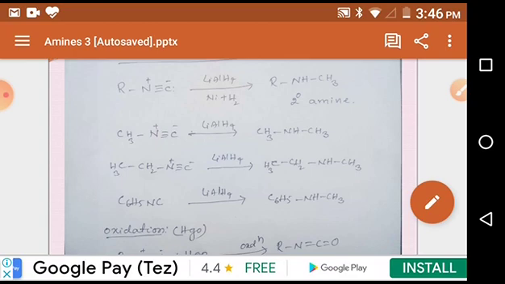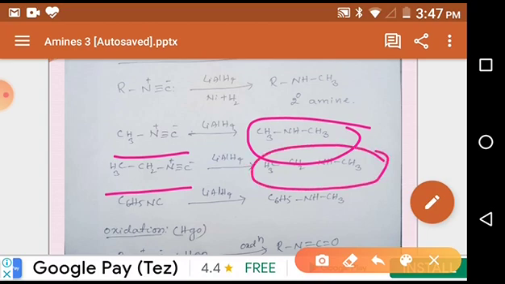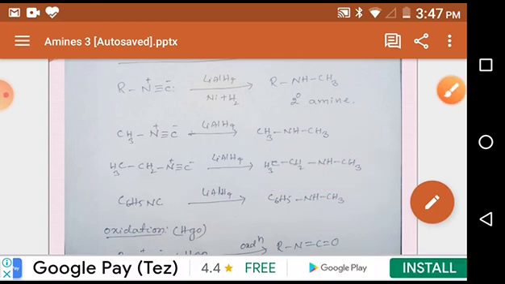These agents reduce isocyanides to secondary amines. So that is the reaction. In each case, we are getting a secondary amine. Observe carefully. Methyl isocyanide gives dimethylamine. Ethyl isocyanide gives N-methylethanamine. Phenyl isocyanide gives N-methyl aniline. So this is a reduction reaction.